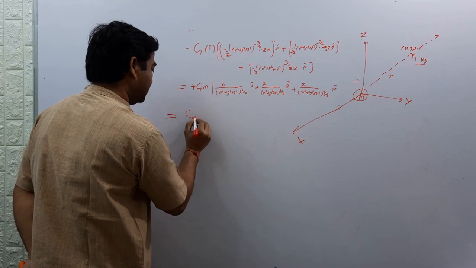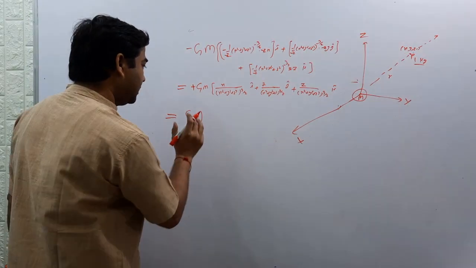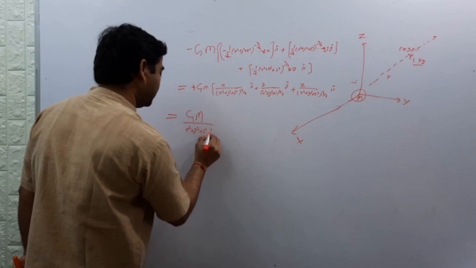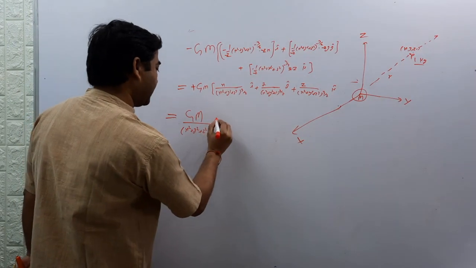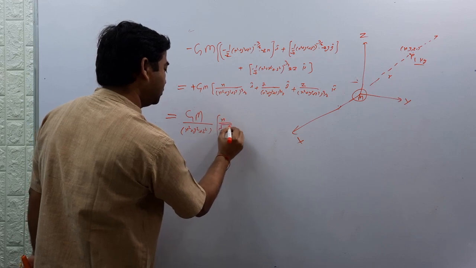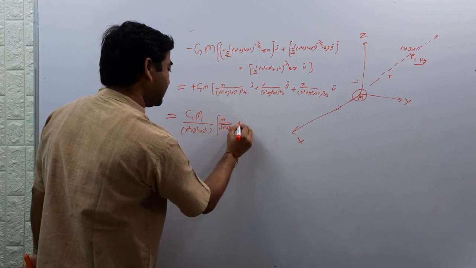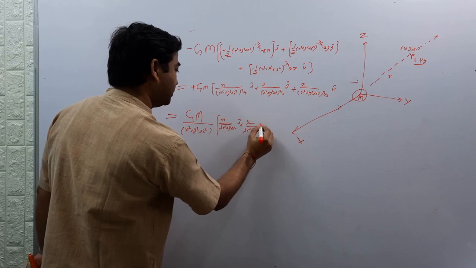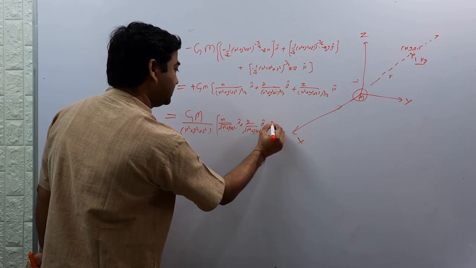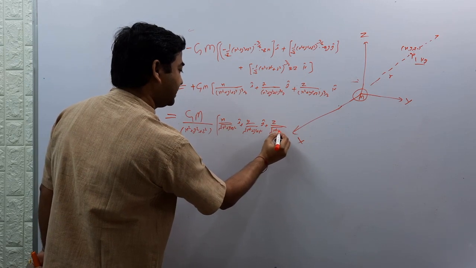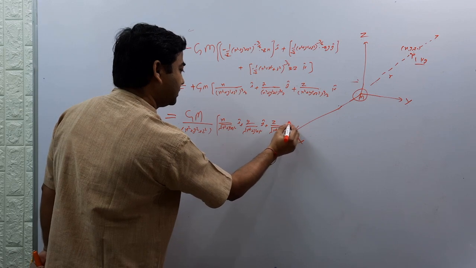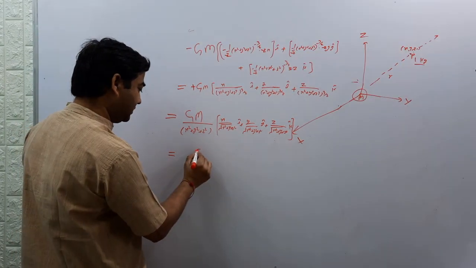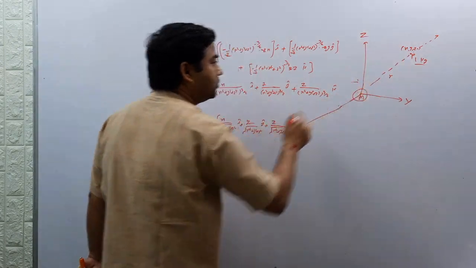This can be written as Gm by (x square plus y square plus z square), times x by under root (x square plus y square plus z square) i plus y by under root (x square plus y square plus z square) j plus z by under root (x square plus y square plus z square) k. x square plus y square plus z square is nothing but the distance r from the origin to the end point.